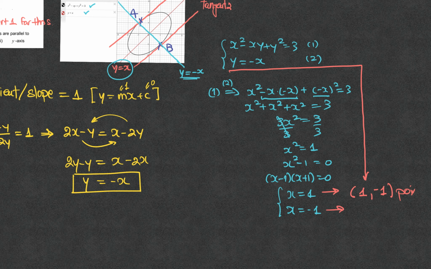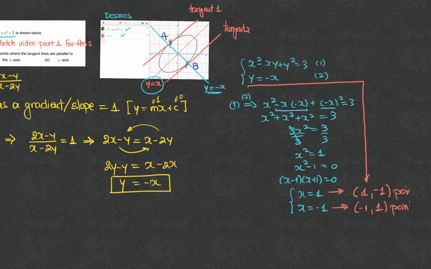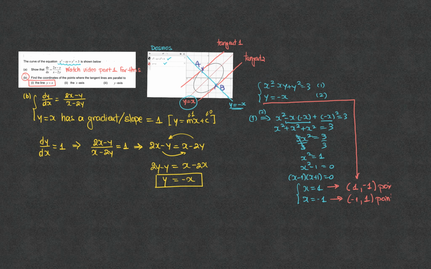Then when x is equal to -1, put it back into 2, and that provides y equal to 1, and that would be point A. And that's it. These are the two points of the original relation that have tangents parallel to y equals x. And that's it for now.